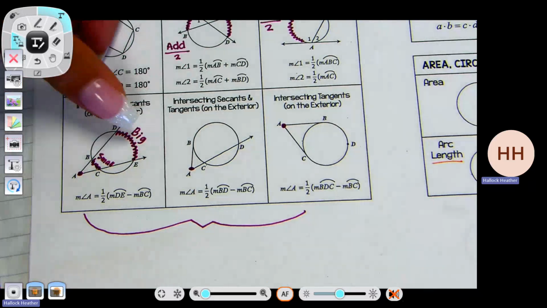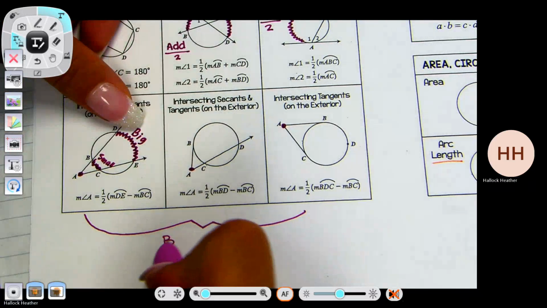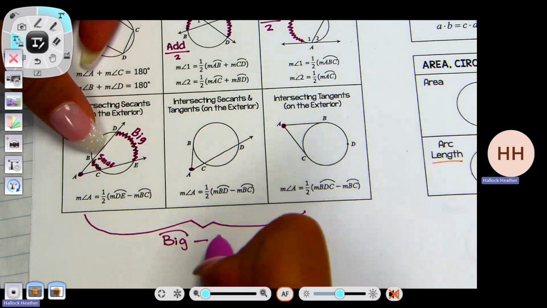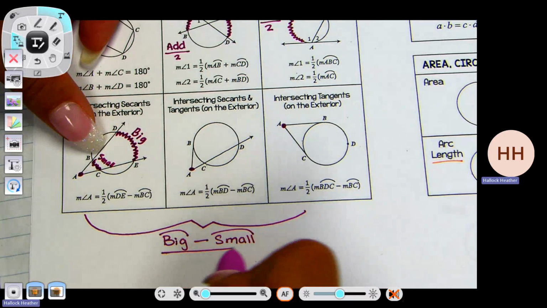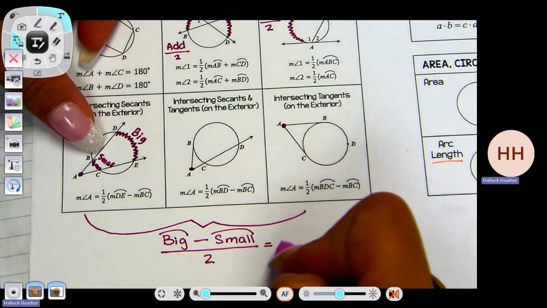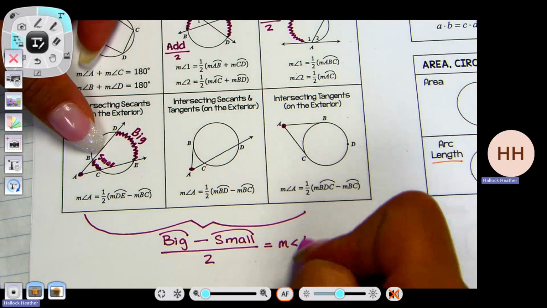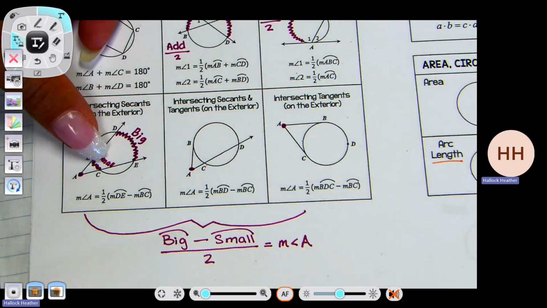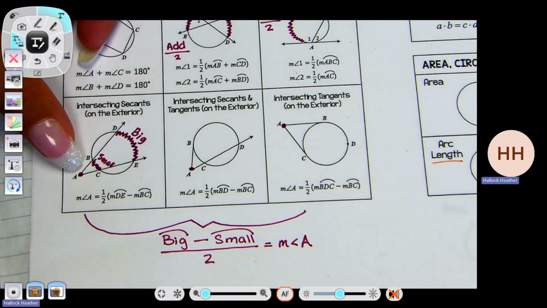So we're going to do big arc minus small arc. We're going to put it over 2 because we're still dividing by 2. And that's going to equal the angle on the outside. So we'll say the measure of angle A. So we take the big, we minus the small, we divide by 2. That equals the measure of angle A.